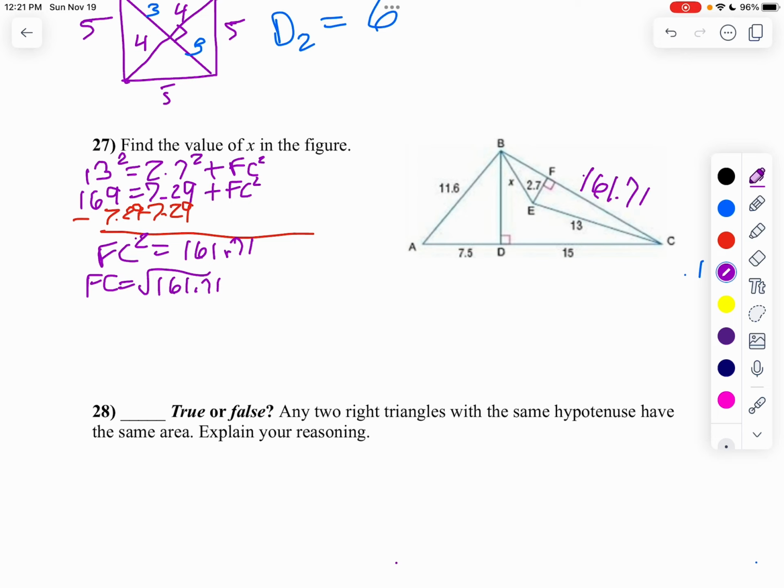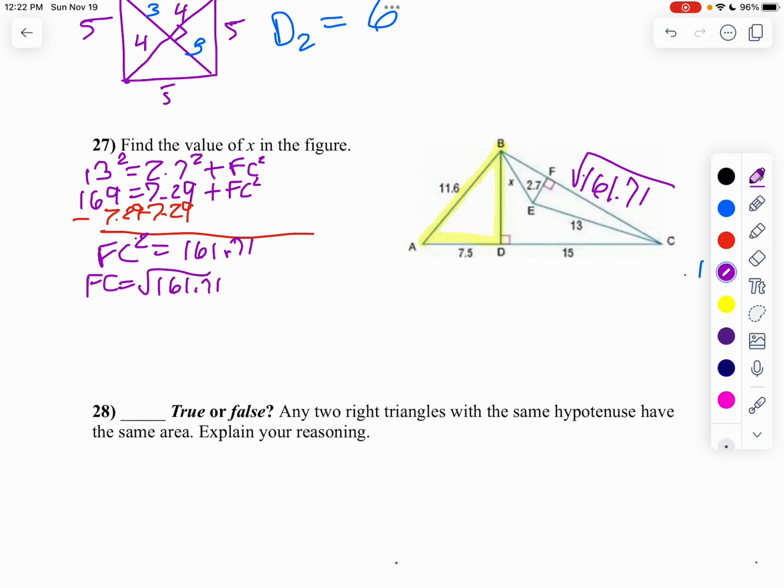That doesn't help me directly. I'll say the square root of 161.71. That doesn't help me directly to find x. But let's look around. Here's another right triangle I can find. ABD is a right triangle.